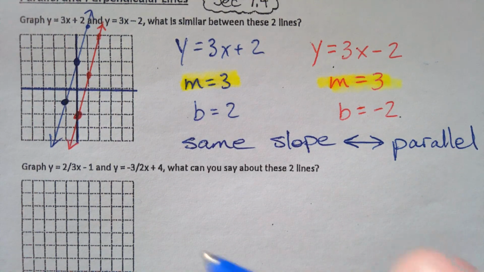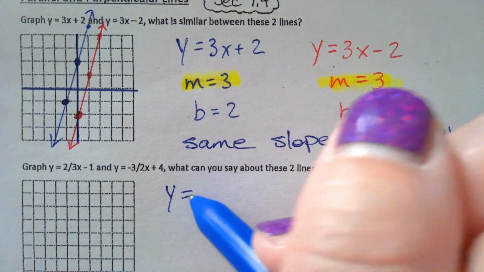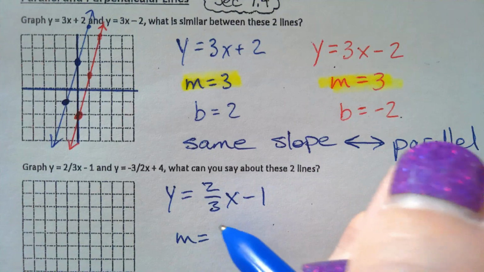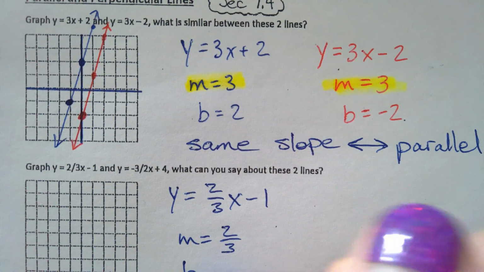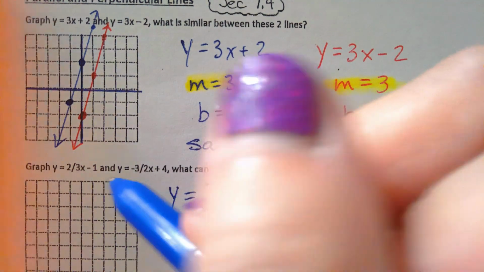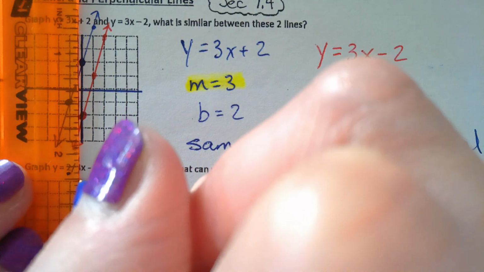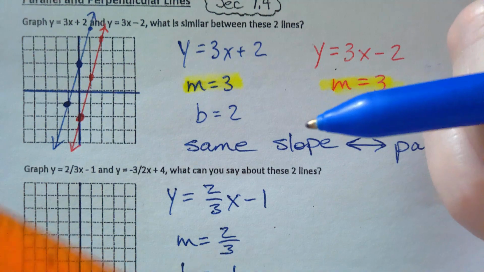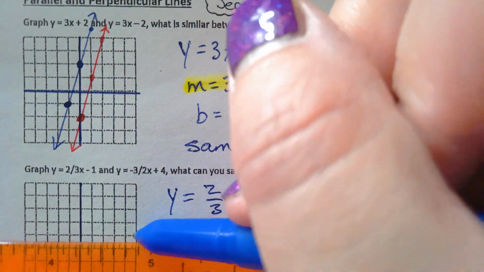Okay. What about this one then? y equals 2/3 x minus 1. My slope is 2 over 3. Y-intercept is negative 1. So let's graph these two. And again, graphing the lines now should not take you long.